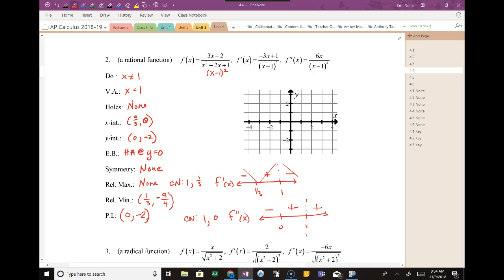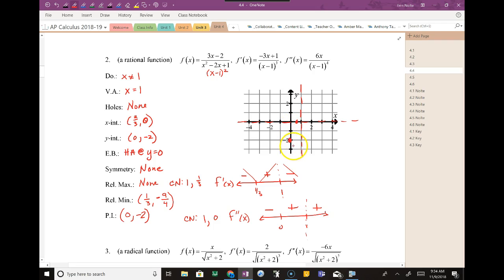All right, so I'm just going to draw the information as I go down. Okay, so I have a vertical asymptote at 1. I have an x-intercept at 2/3. I have a y-intercept at negative 2. I have a horizontal asymptote at 0. I have a relative minimum at the point 1/3, negative 9/4.